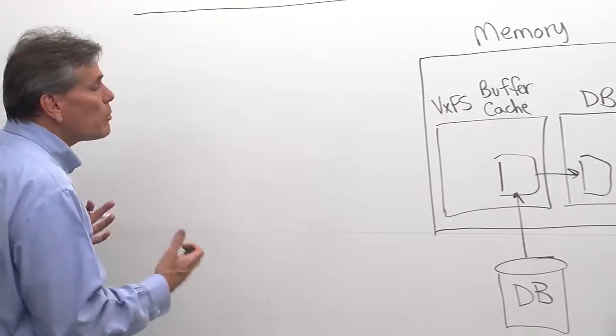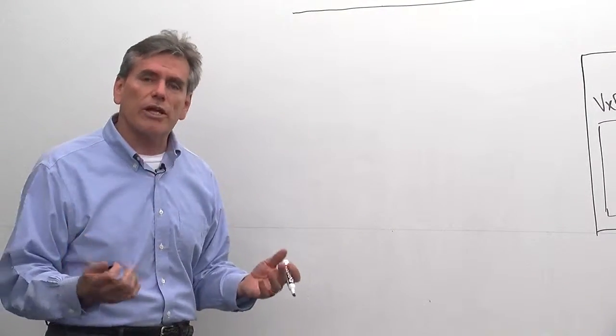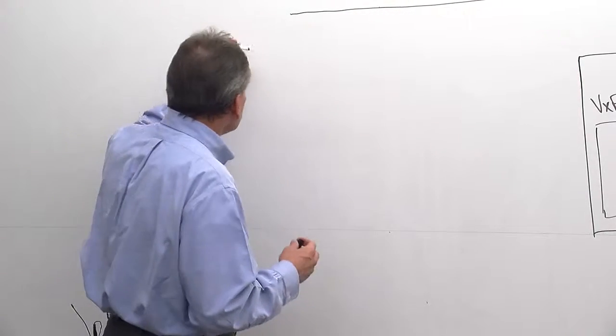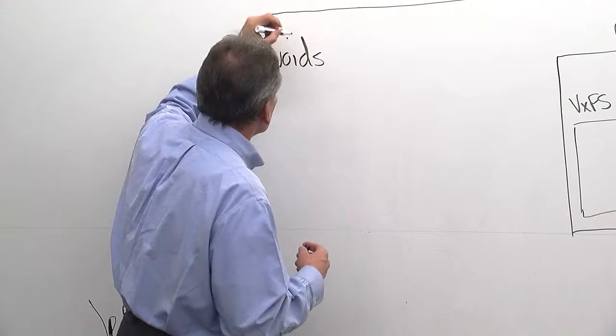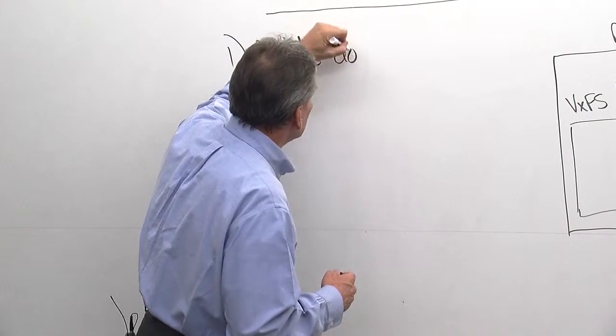There's really three key areas that CIO helps. First off, as I was inferring, it avoids double buffering.